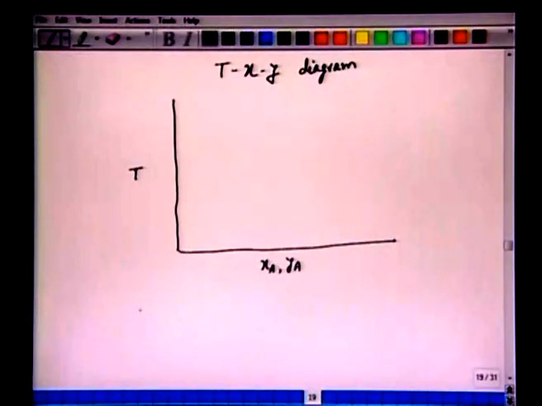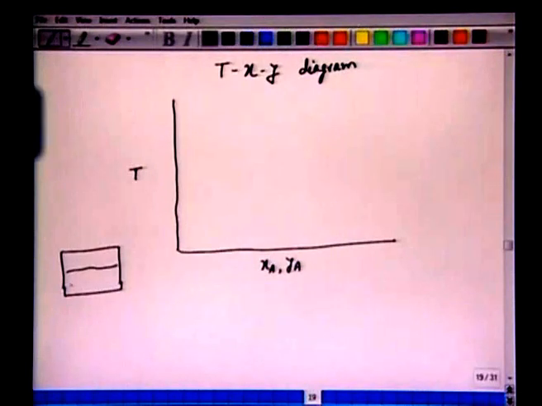We are looking at a batch system. Suppose we take a batch system of liquid, say L, A plus B. There will be some amount of vapor in contact with the liquid, also containing A plus B, and we heat this liquid slowly.